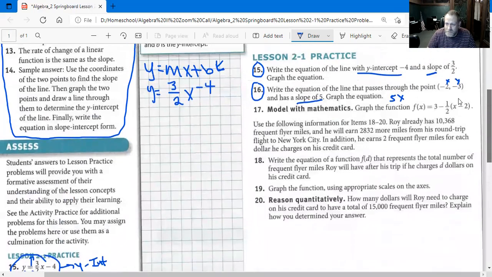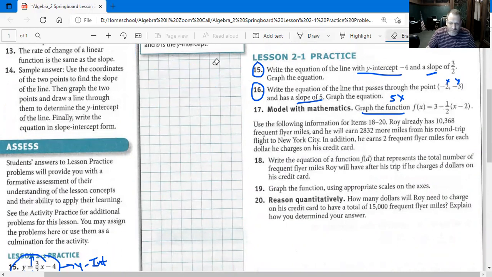Model with mathematics. Graph the function. All right, guys, let me erase this over here.